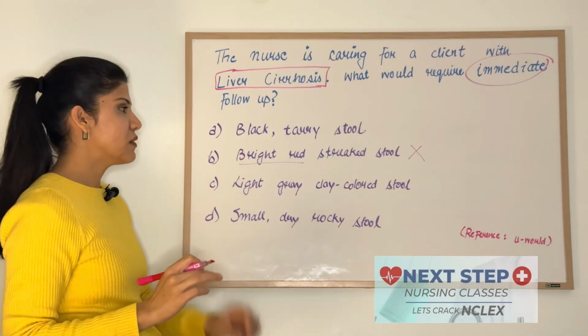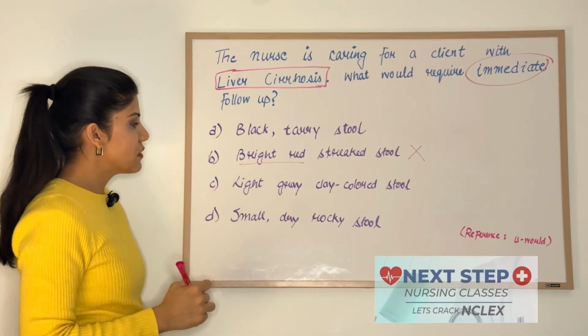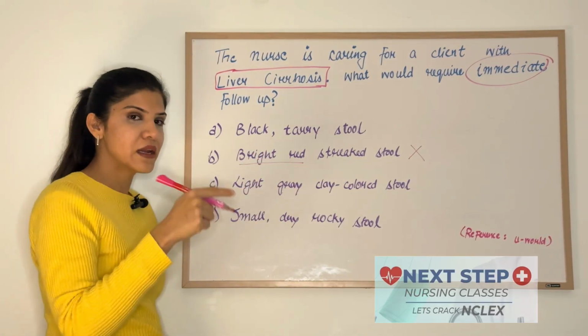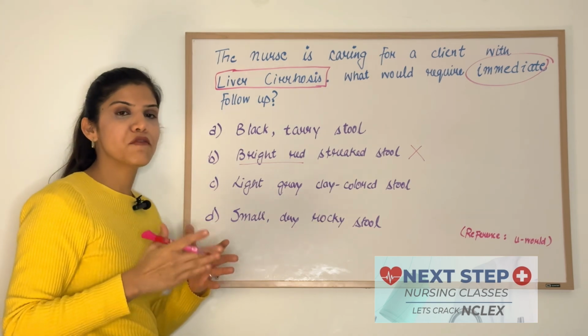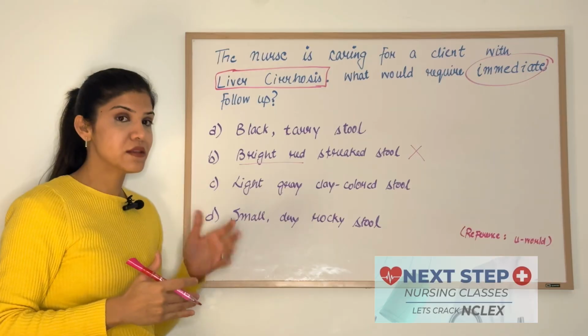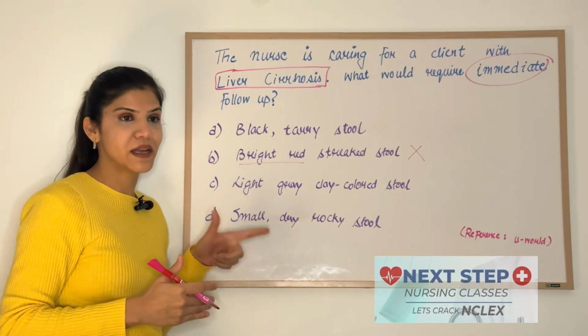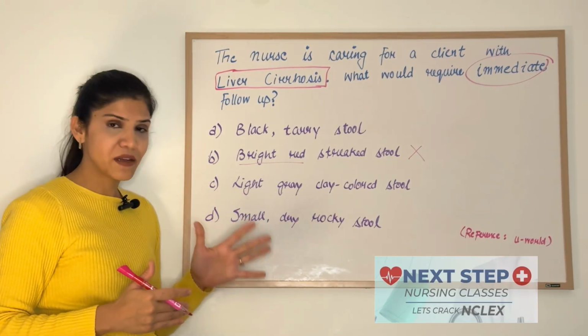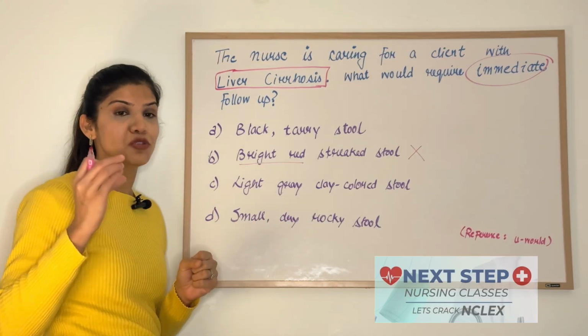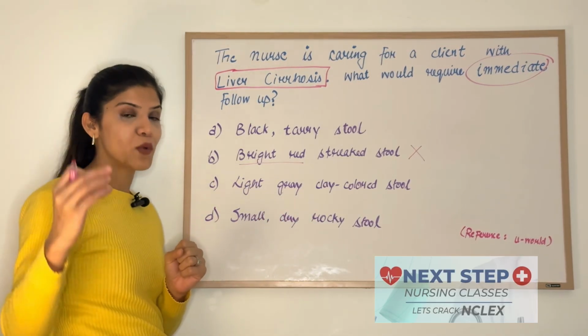So this is eliminated. The next option is light gray clay colored stool. I know that light gray clay colored stool means there is fat inside the stool, which is known as steatorrhea, and this condition is related to pancreatitis. Only if the patient has a pancreas problem will he have light gray colored stool. This is something very basic that you should know, what is going on in which system.